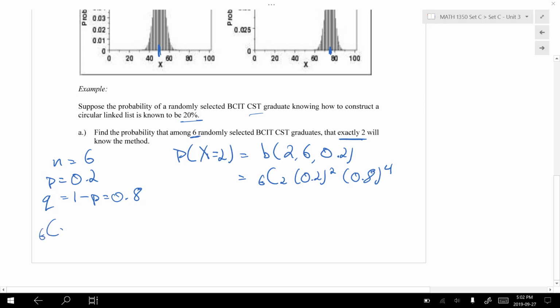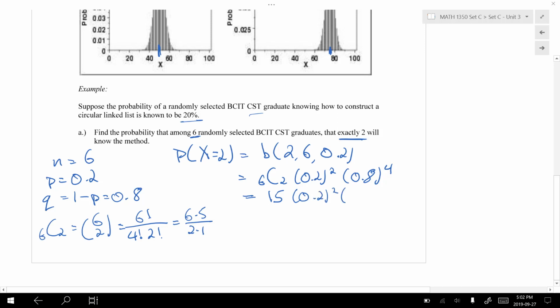We can compute 6 choose 2, sometimes written in this way, using our familiar formula, 6 factorial over 4 factorial times 2 factorial. The 4 factorial will knock a lot of things out, so we just get 30 over 2, which is about 15. So 6 choose 2 is 15.